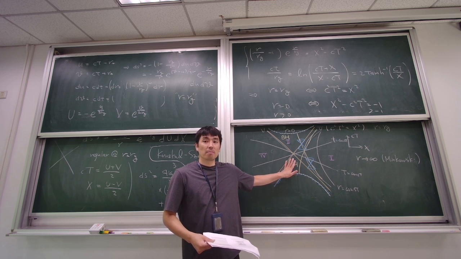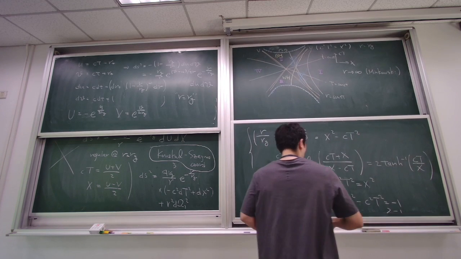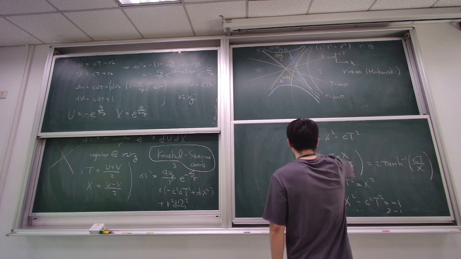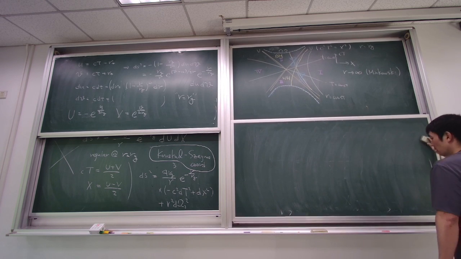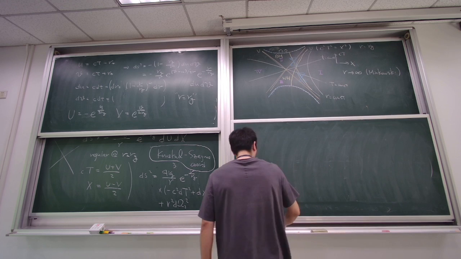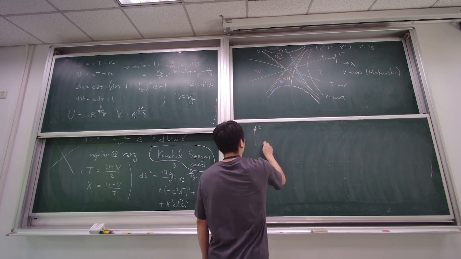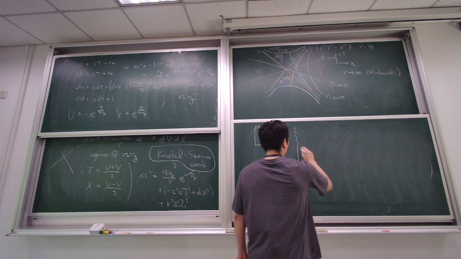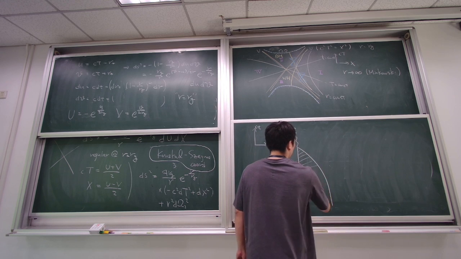But in the case of reality, what's going to happen is the following. This is T, small t or ct, and R. So what's going to happen is something like this. This is R. So there's a star collapsing, as I mentioned.